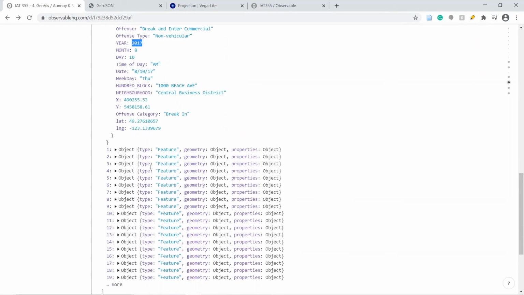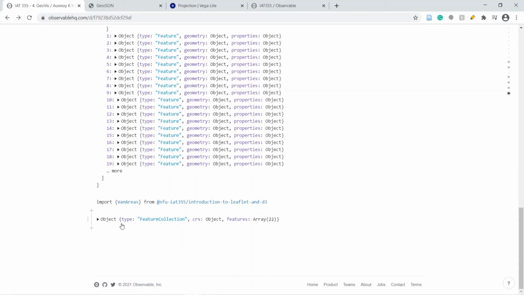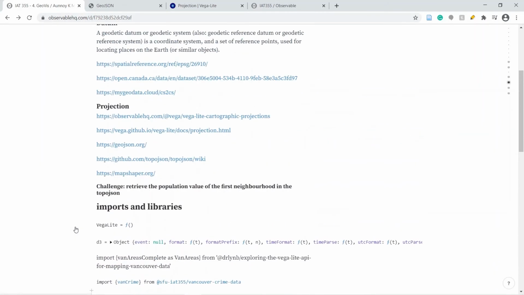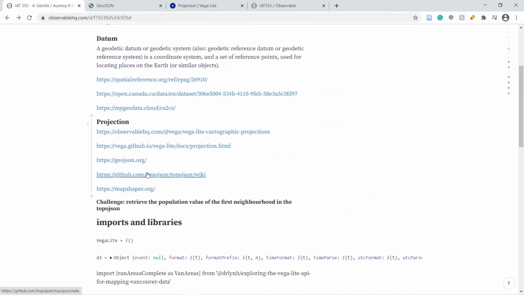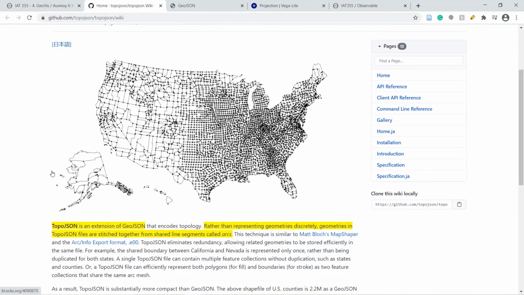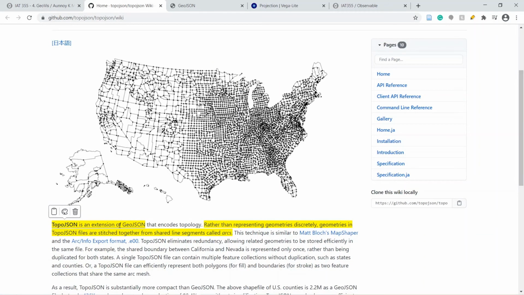Other than GeoJSON, we have another type of dataset, Vancouver areas, which is of type TopoJSON. TopoJSON is another type of file format which stores the same data but in a different way. It is an extension of GeoJSON where the geometries are not stored discretely. Instead, they're stitched together, which are called arcs.